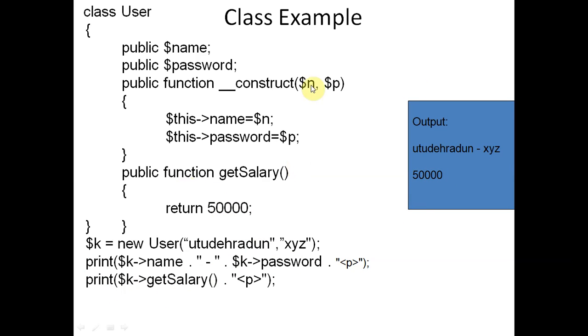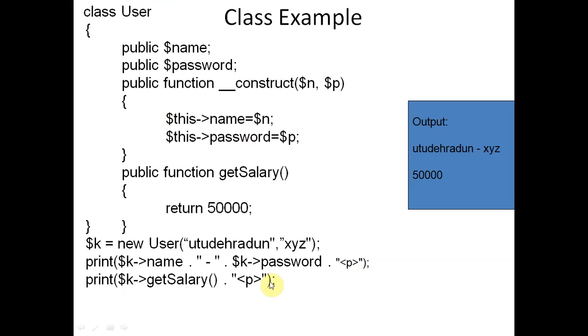So friends, this is the program of class and object in PHP. I hope you understand this class and object. As a prerequisite for PHP, you have to know C++ or Java programming. If you know Java programming, then it's not difficult to understand this program.